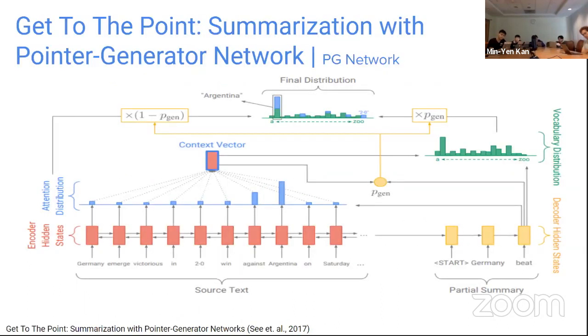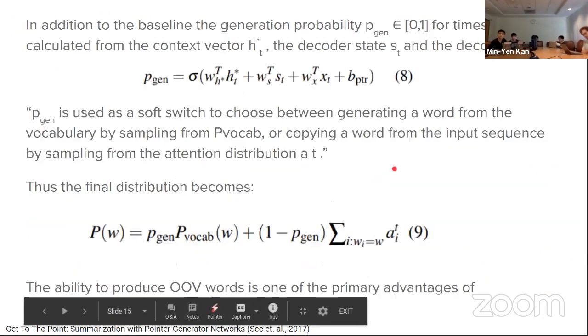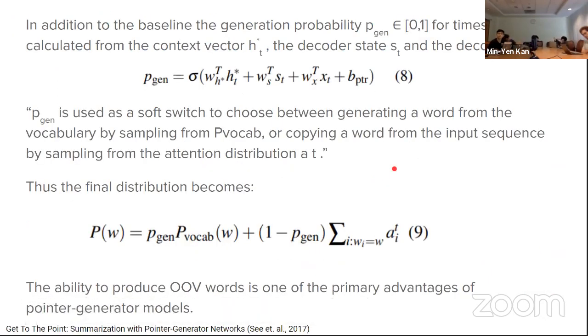So here comes the part they introduced, and you can see it on the network as the yellow parts, apart from the decoder that was already there. They call this the generation probability, pgen.